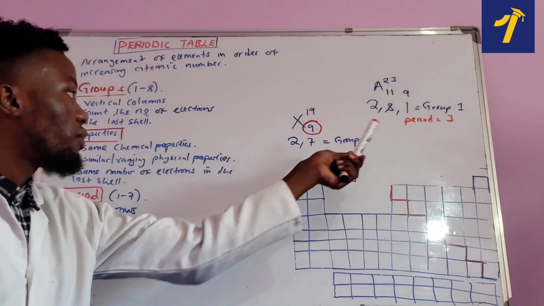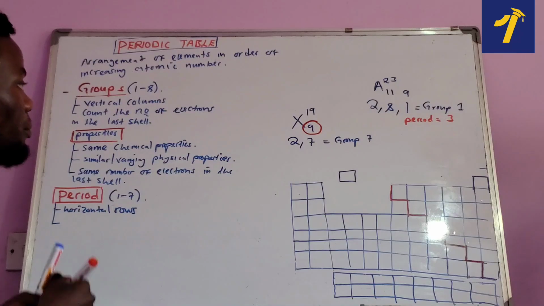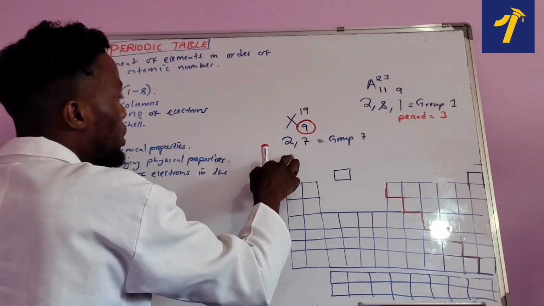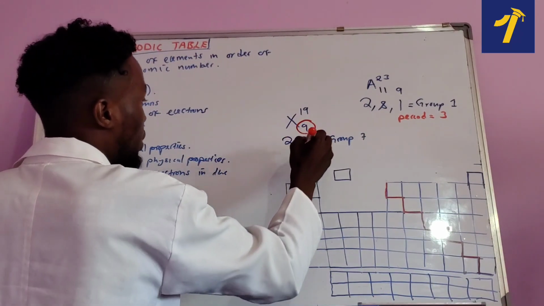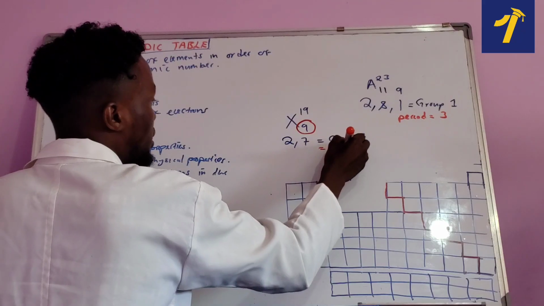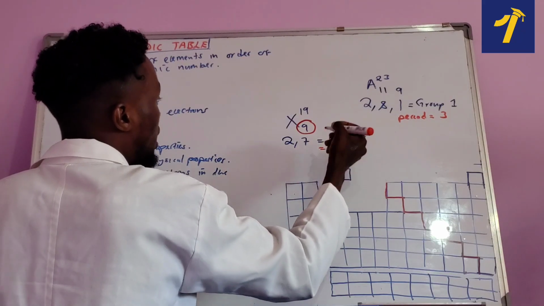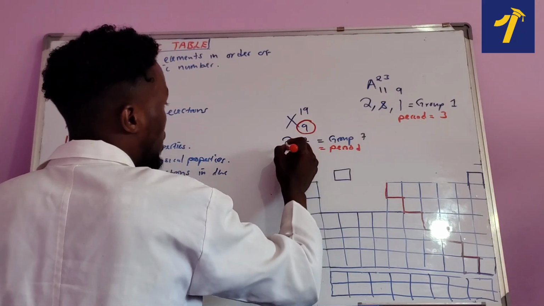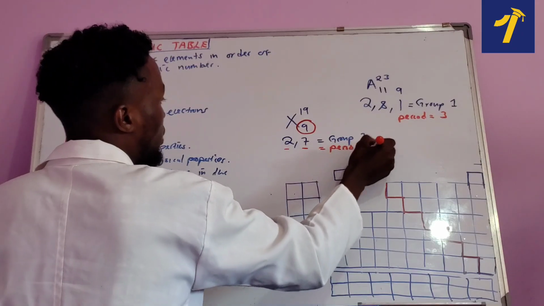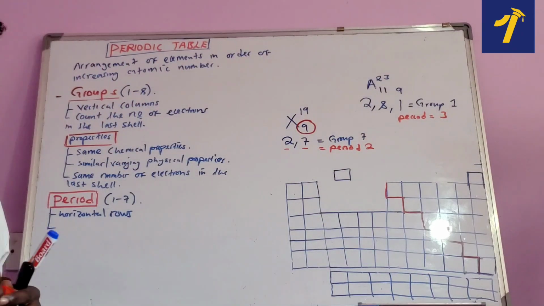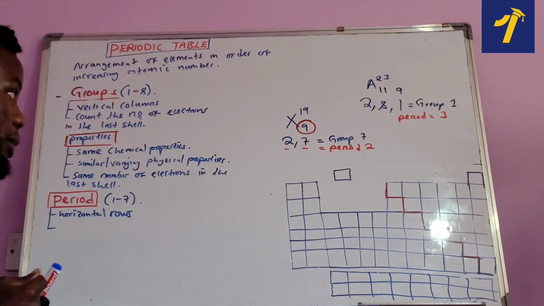So here the number of shells is 3. Then what about here? What will be the period number for this element X? You count 1, 2. There are 2 shells there. So that's how you find the period number.